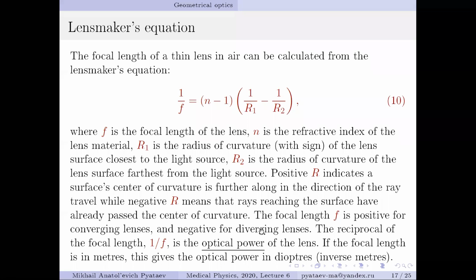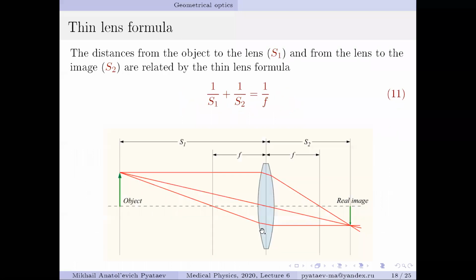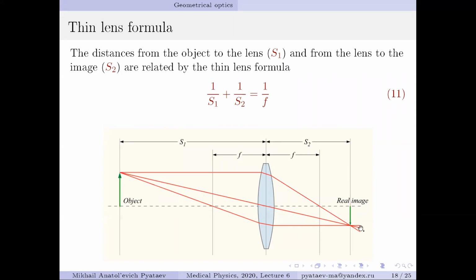Well, next is the thin lens formula, which can be obtained by considering light propagation in a thin lens. The lens is called thin if we can neglect its width compared to its size and its focal distance.